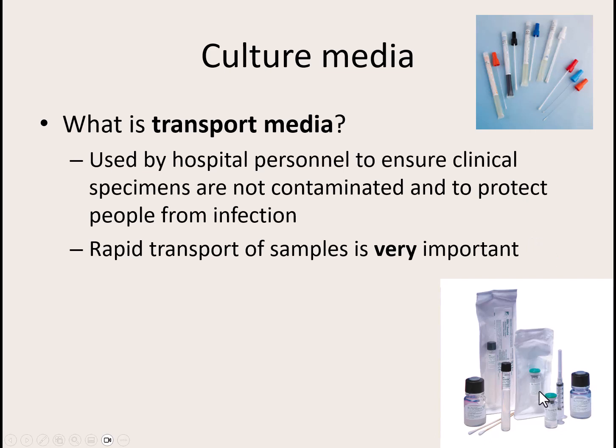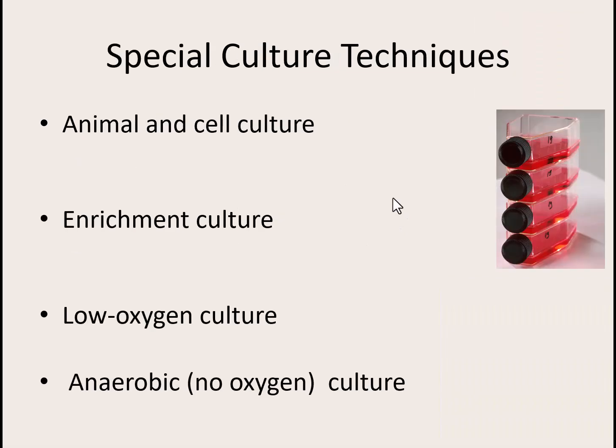And as I mentioned before, there's a lot of organisms out there that we just have not been able to grow in the lab using regular agar and media techniques. So we've got these kind of unique ways we can make organisms grow. One is animals and cells. So we know that there are some microbes that can't grow on the media, so we can grow them in different animals.